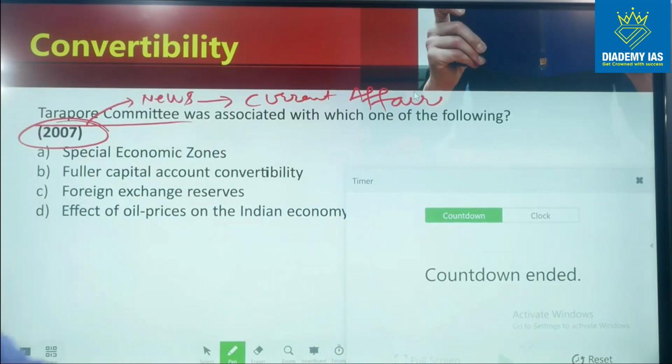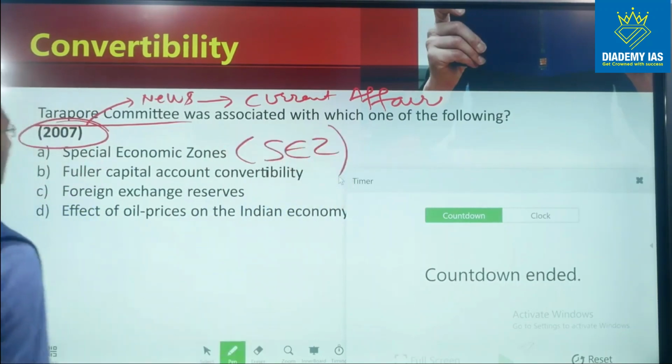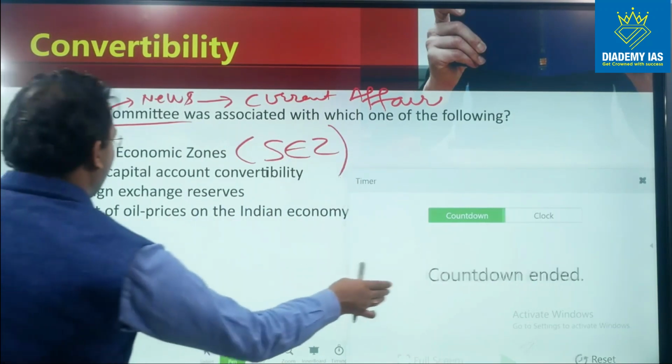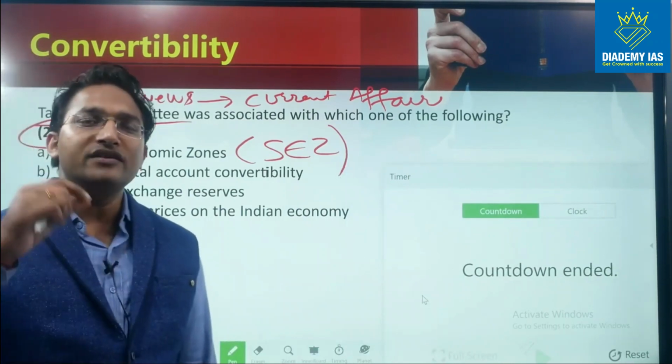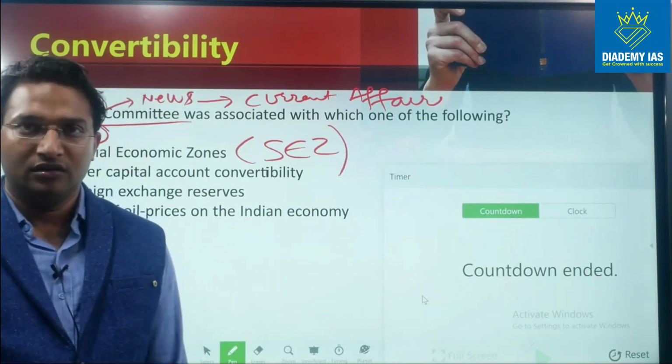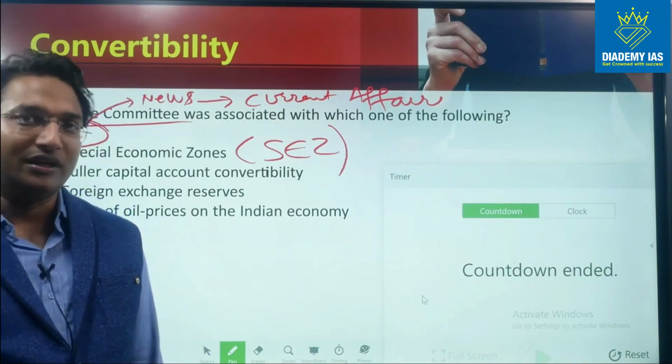A. Special economic zone, SEZ. B. Fuller capital account convertibility. C. Foreign exchange reserves. D. Effect of oil prices on the Indian economy. So friends, please read each option carefully. Do not jump suddenly. Do not mark the answer suddenly.